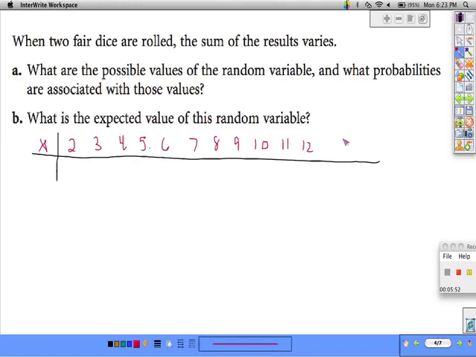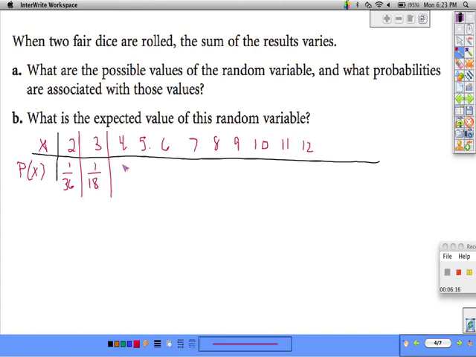So the probability of each of these, we can look easily at the table. Probability of getting a 2 is 1 out of 36. Probability of rolling a 3, there are 2 of those in that chart. 2 out of 36, we could also write that as 1 over 18.